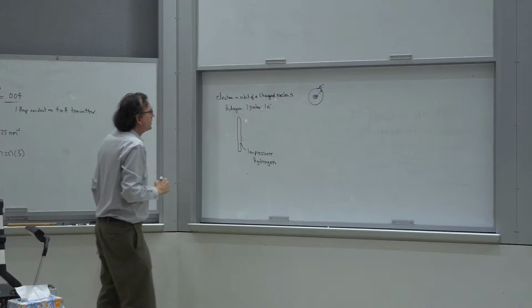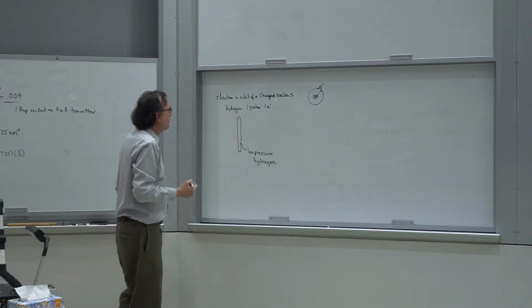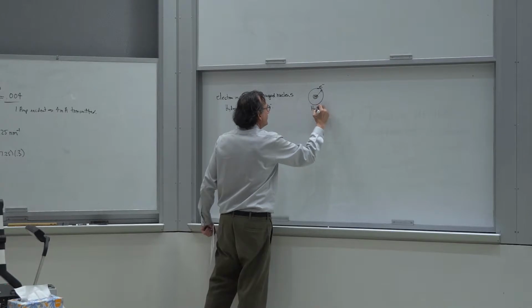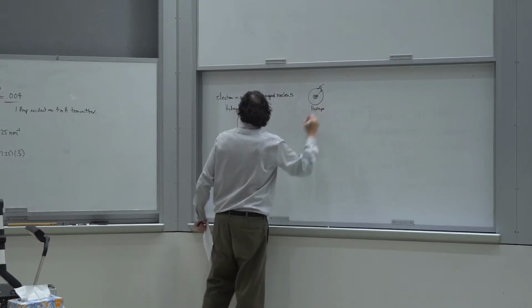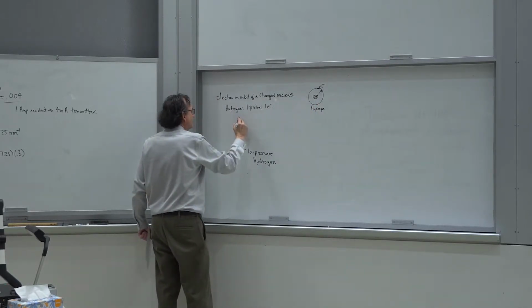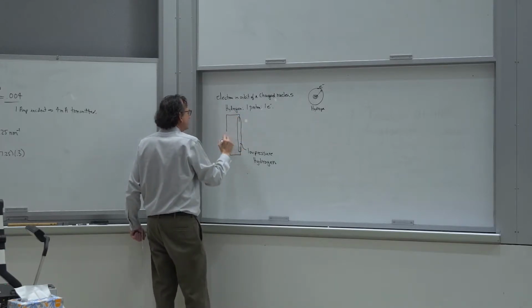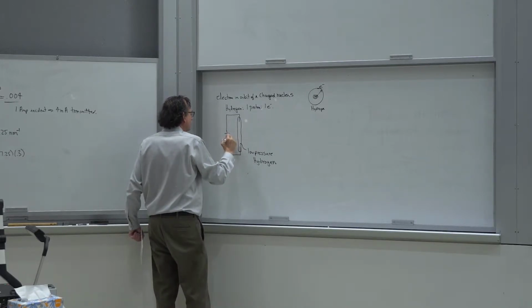And what we want to picture going on here is that around this hydrogen there are high voltage electrodes inserted through the tube, through fused ports.